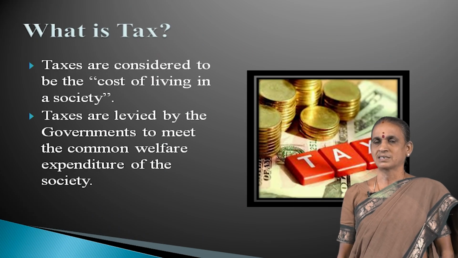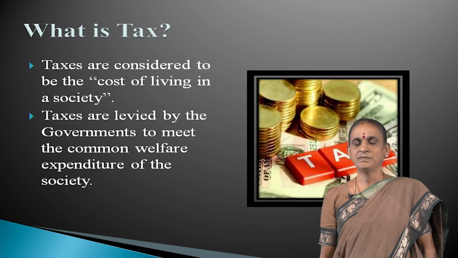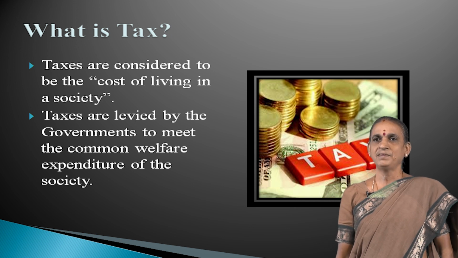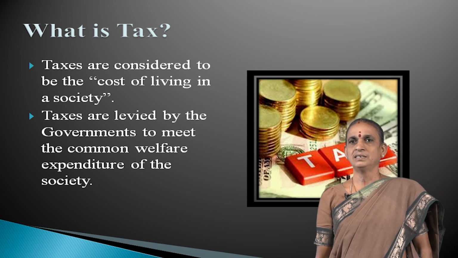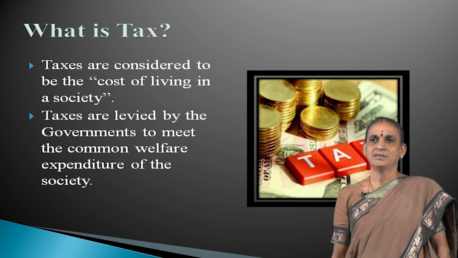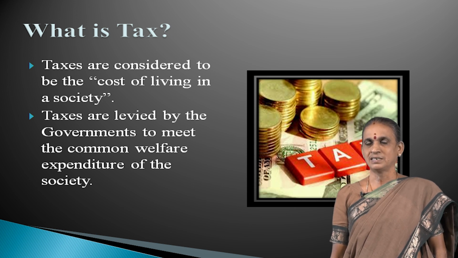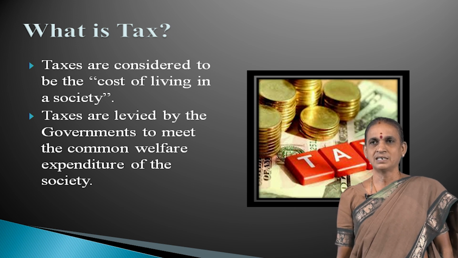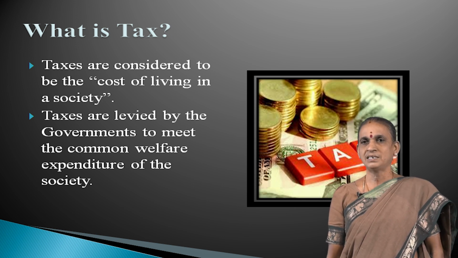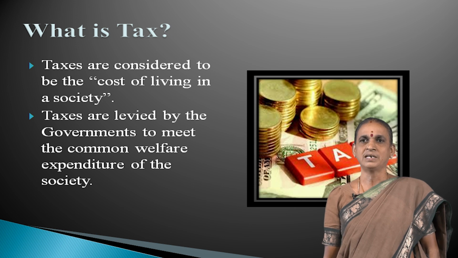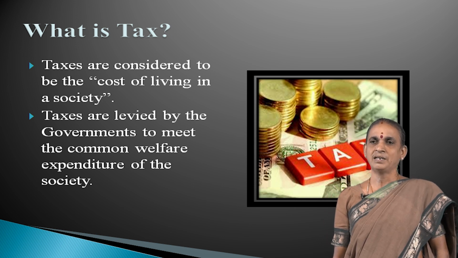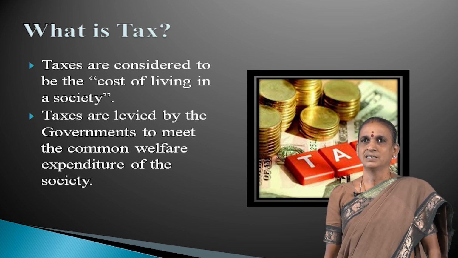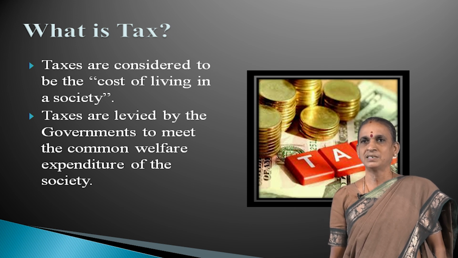And what is tax? Before that, we have to consider we are living in a society, and in that society we live with all facilities, that is infrastructure facilities or basic facilities which are required by us. Those facilities are provided by the government only from the revenue collected from us. That revenue is considered to be the tax.